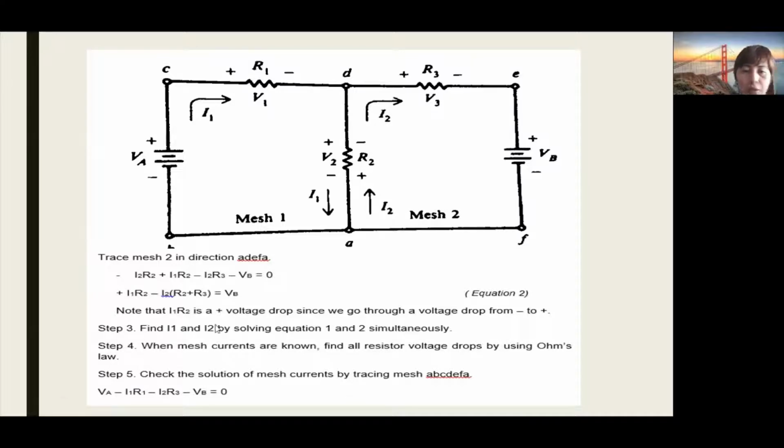So we are going to combine here. So again, this is I1 times R2 minus I2 times R2 plus R3 equals the second voltage applied.